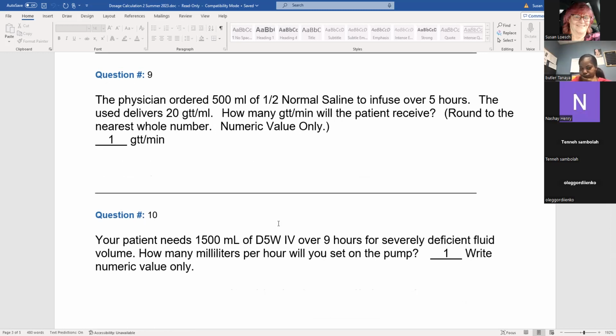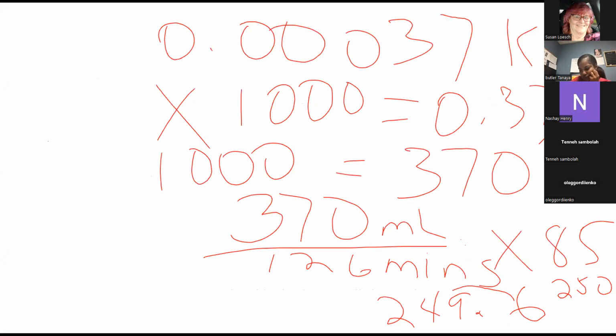This is asking for milliliters per hour. Okay? And this is how you write milliliters per hour, correct?